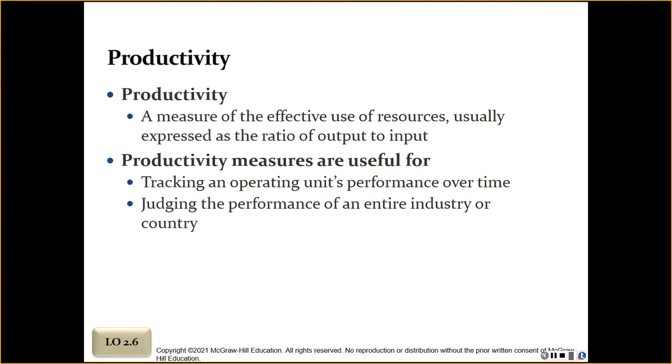All right, so the next thing we're going to discuss is productivity. Productivity is a measure of the effective use of resources, usually expressed as the ratio of output to input. This productivity is different from value-added activities.